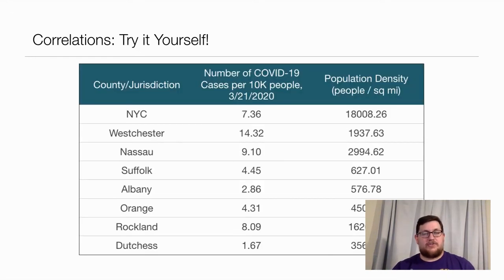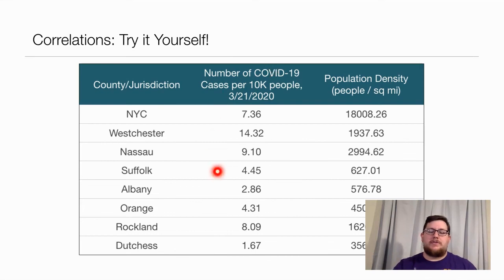I'm recording this on the 22nd, so as of Saturday the 21st at 4 p.m., these are the number of COVID-19 cases per 10,000 people in each of these jurisdictions, mostly counties: 7 counties plus New York City. New York City here is defined as New York County, Bronx County, Kings County, Queens County, and Richmond County, Staten Island.